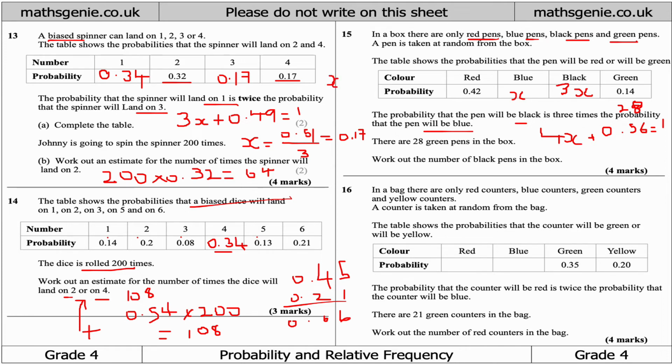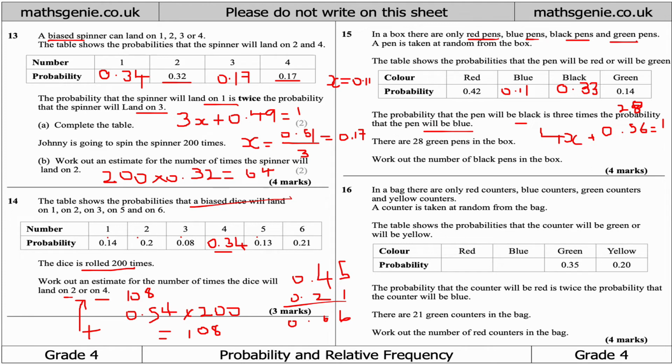So x is 0.44 divided by 4, which is 0.11. So 0.11 goes there. 3 lots of that is going to be 0.33.